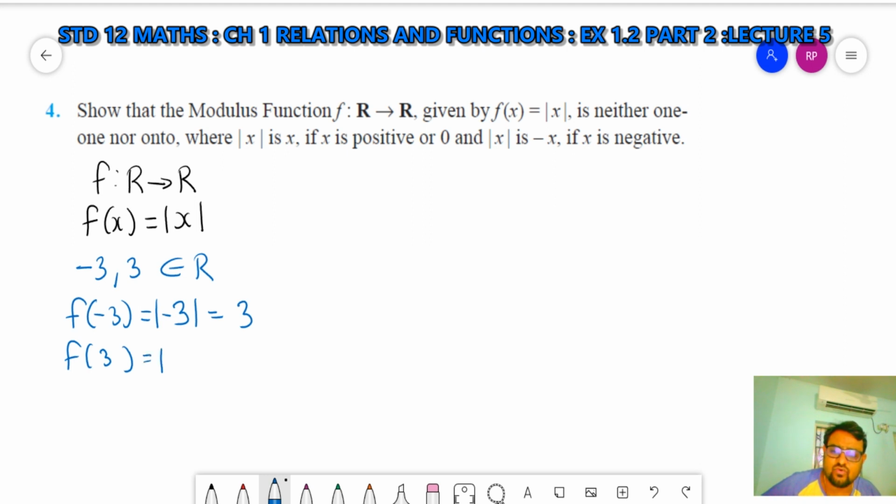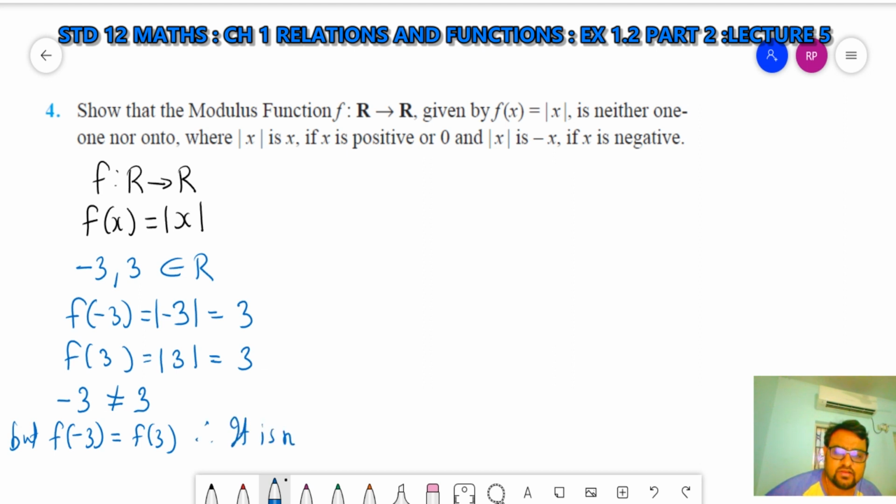This is equal to modulus of 3, and that is equal to 3. Now see here, minus 3 is not equal to plus 3, but f of minus 3 is equal to f of plus 3. Therefore it is not a 1-1 function, or it is a many-one function.